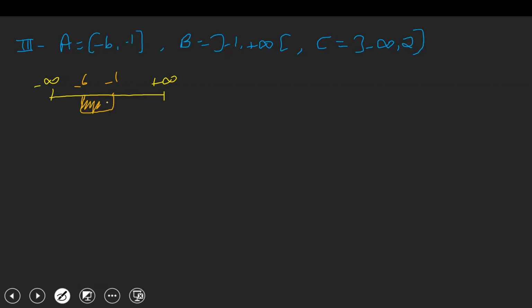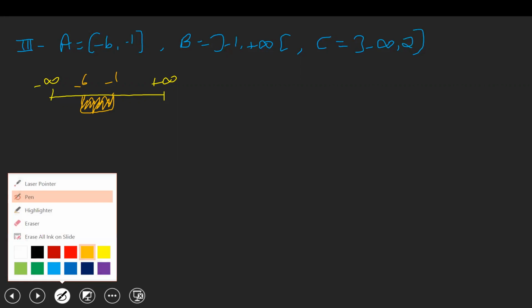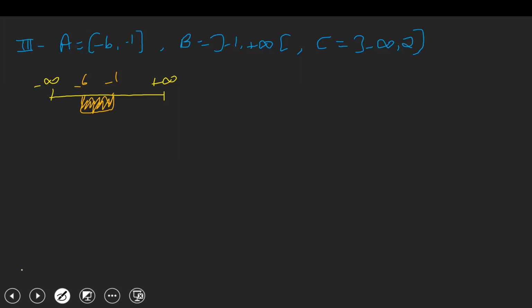We can color it, for example, like this. The other set, which is B, is from minus 1. We'll use dots on minus 1 because it's an open interval, like this, from minus 1 to plus infinity. Okay. Let's color this region.